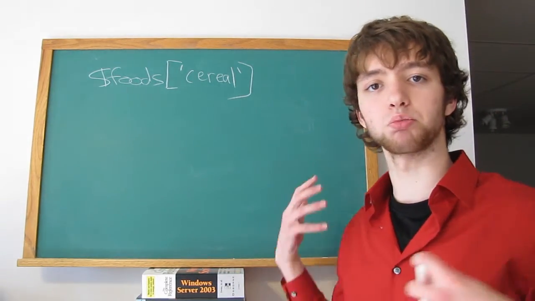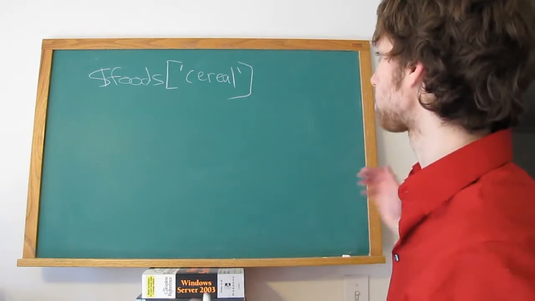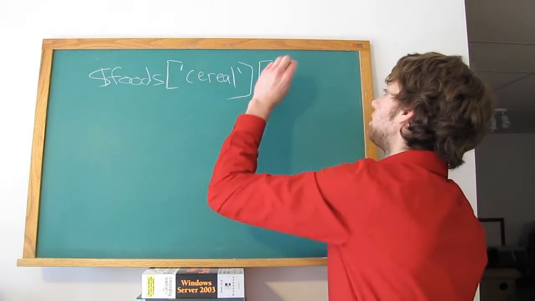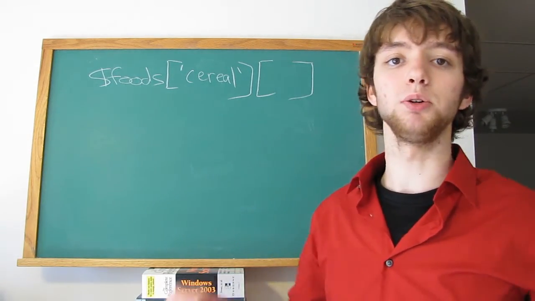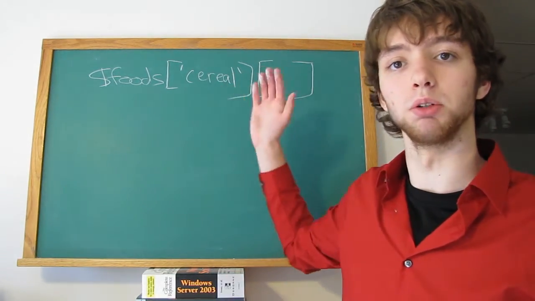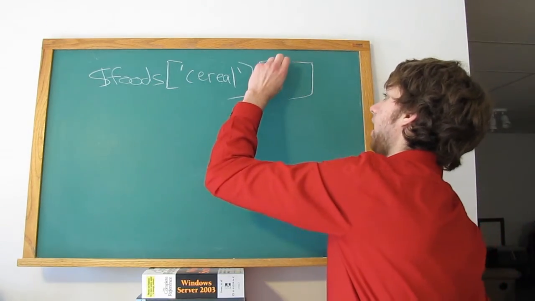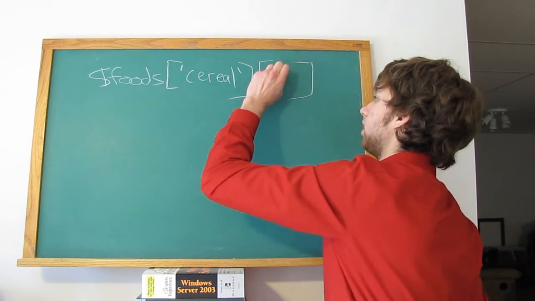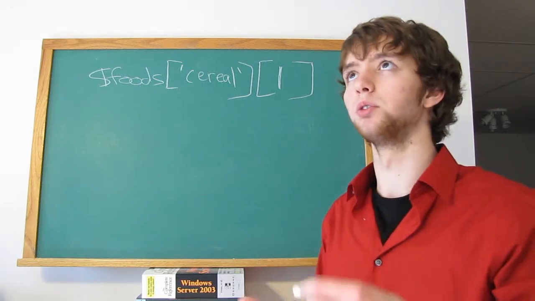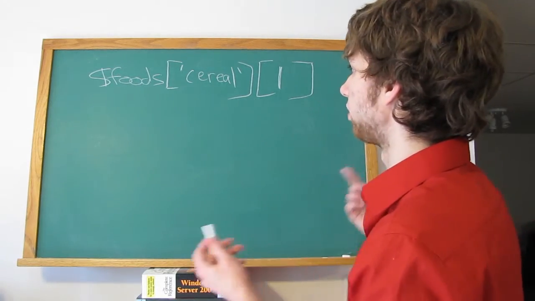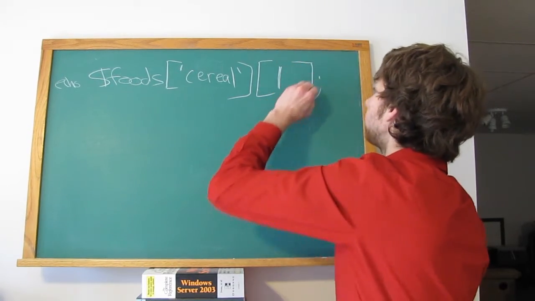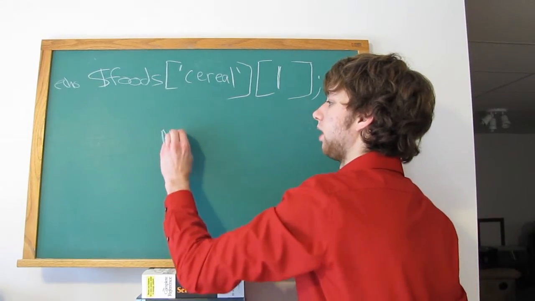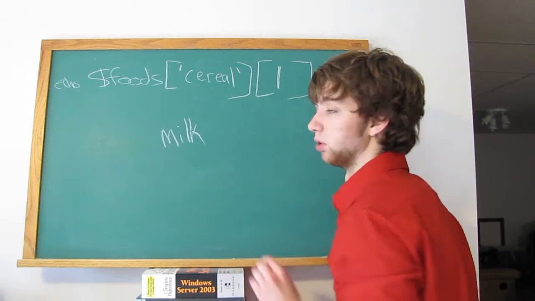And we can't really just print out full arrays, so we actually have to have another square brackets. And now we're going to put which key within this array we want to use. So we could have 1, for example, which I believe was cereal, milk. So if we were to echo this, it would come out as milk.